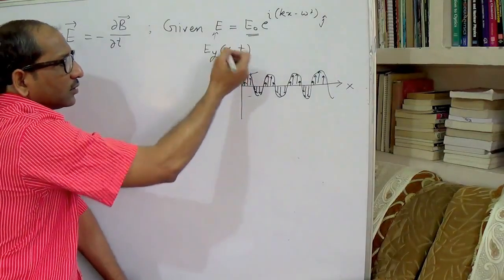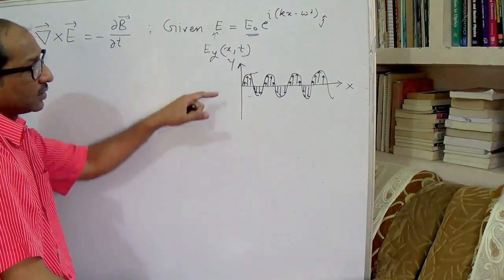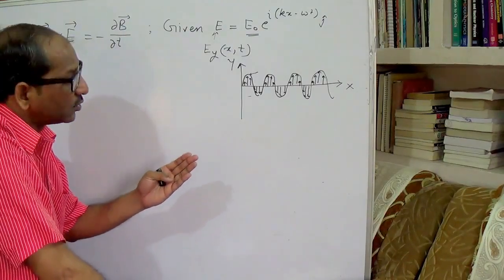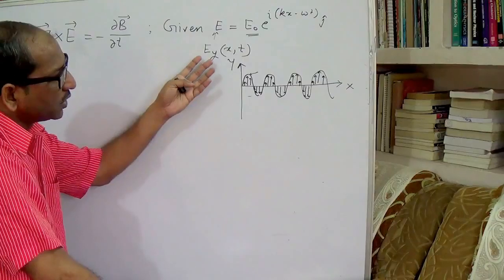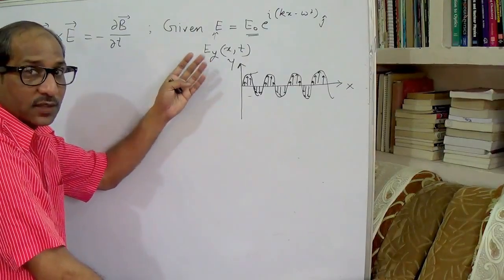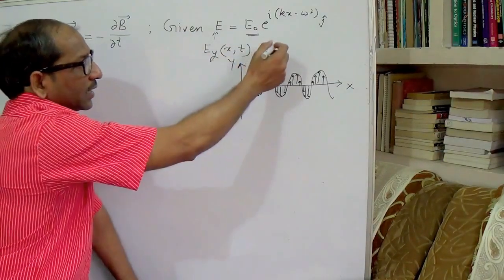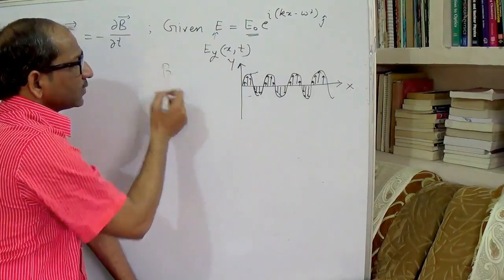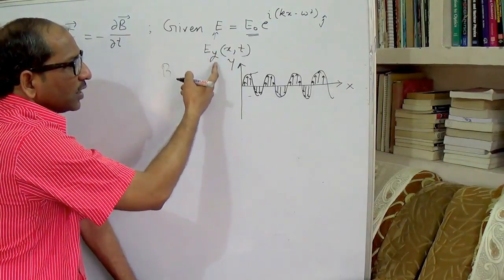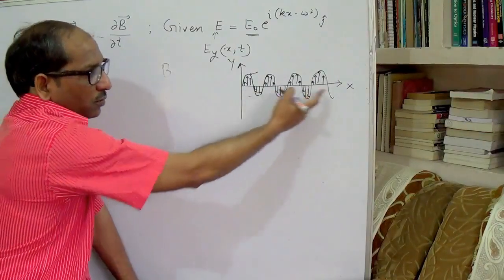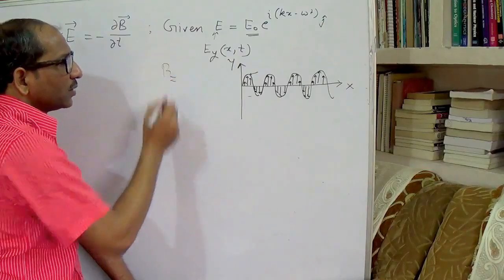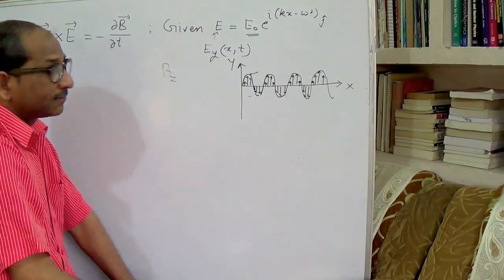In an electromagnetic wave there are two field components: one is the electric field and the second is the magnetic field. Obviously, if the electric field is along the y direction and the wave is propagating along the x-axis, the magnetic field will be along the z direction.